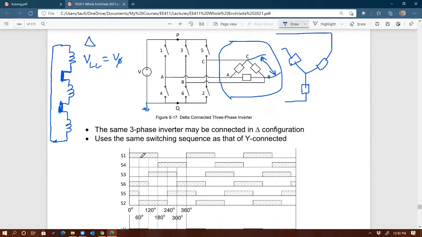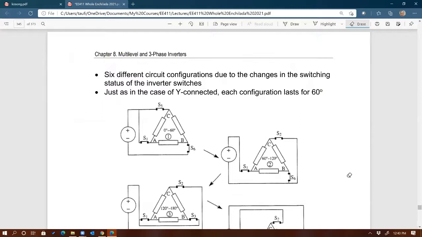For example, for the segment from 0 degrees to 60 degrees, we have S1, S6, and S5. So 1, 6, and 5 are on. If that is the case, then how is the load connected to the DC source? You have to redraw that, and if you do that, you get this picture right there. See that?